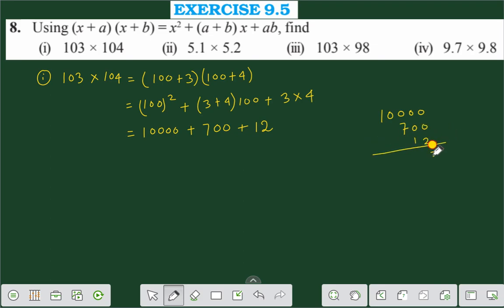Then we are getting 10,712. And that is the answer of question number 1.